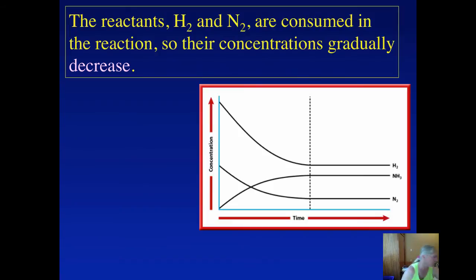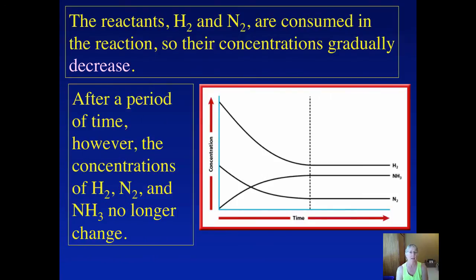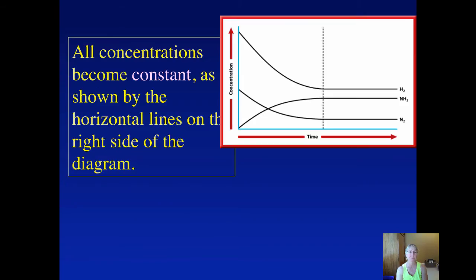So as I mentioned, the concentrations of the reactants will decrease gradually over time, and then they will no longer change. And that part where all the lines go flat is at that dotted line. Notice that when we reach this dotted line, the concentrations of the original reactants aren't equal to each other, nor are they necessarily equal to the concentrations of the products.